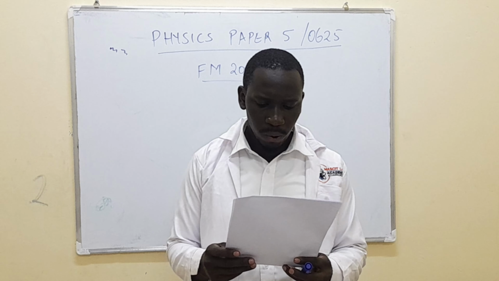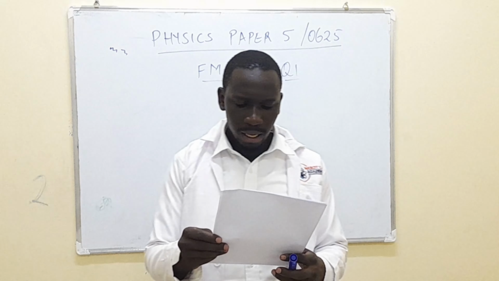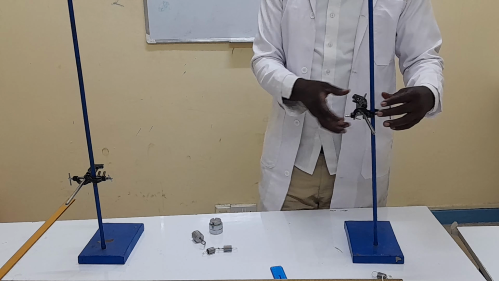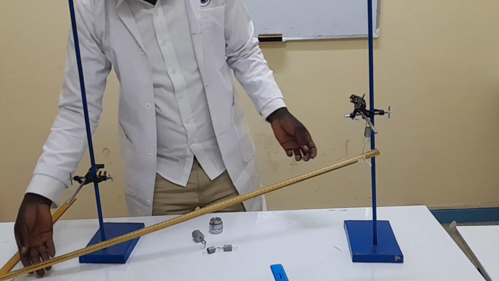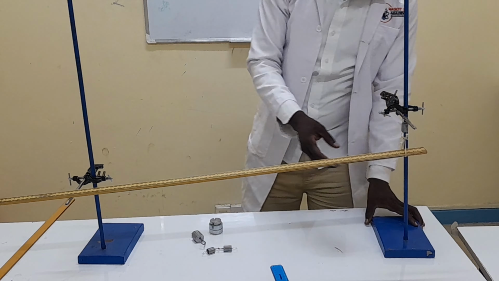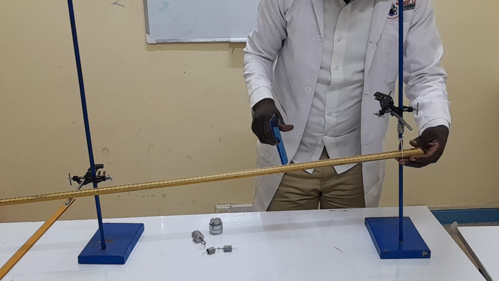Part B, suspend the meter rule from the spring using the hook fixed at the 95.0 centimeter mark, as shown in figure 1.3. Place the other end of the meter rule so that the 5.0 centimeter mark of the rule rests on the pivot. The meter rule must rest on the pivot at the 5.0 centimeter mark throughout the experiment.